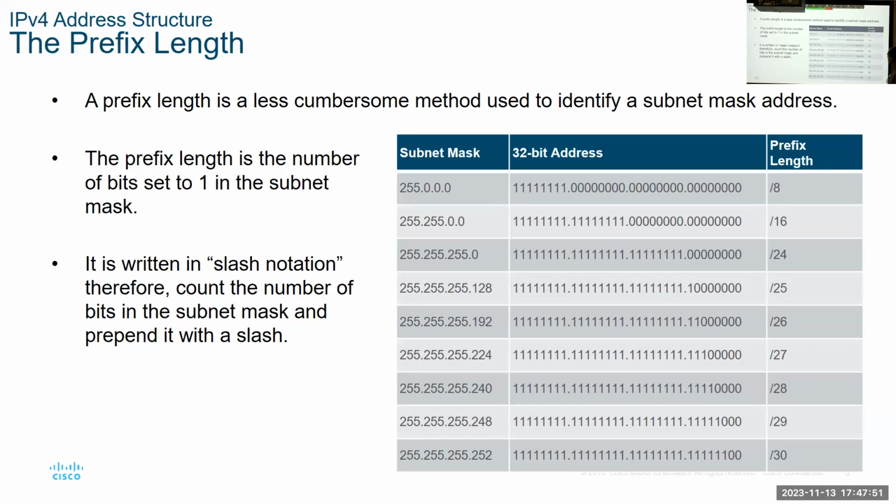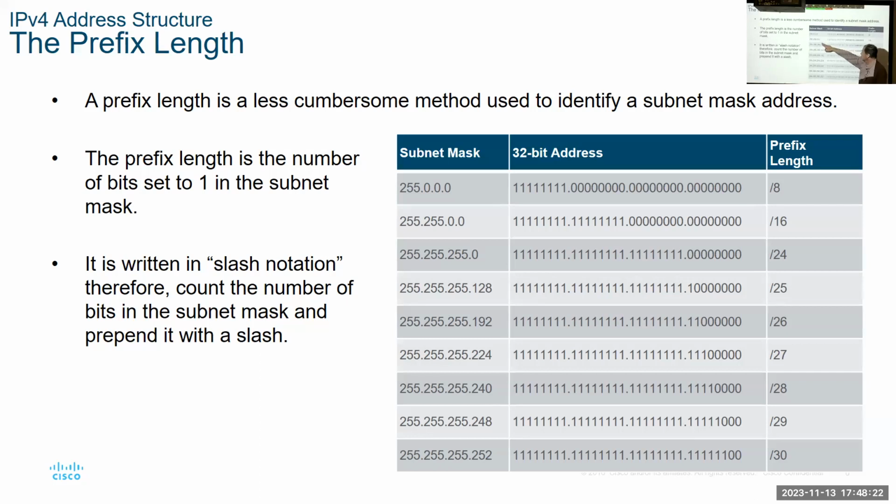Okay, this is showing you additional prefixes, starting with /25. When you start with /24, 255.255.255.0, you can also have /17, 18, 19, 20. They're not in this table because it would make the table really long, but those are possible slash numbers too.